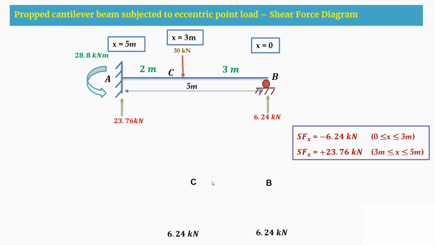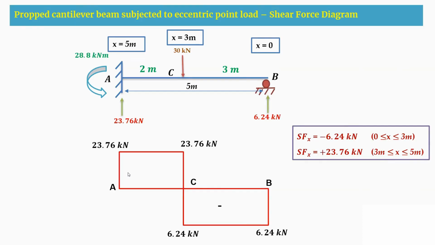At C also, it is minus 6.24. So this is a negative one. Again, from C to A, you are having 23.76, which is a positive value. So this is a positive shear. As it is a point load, we are having the shear force diagram like this.